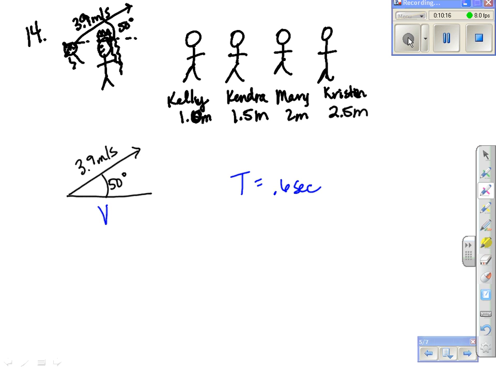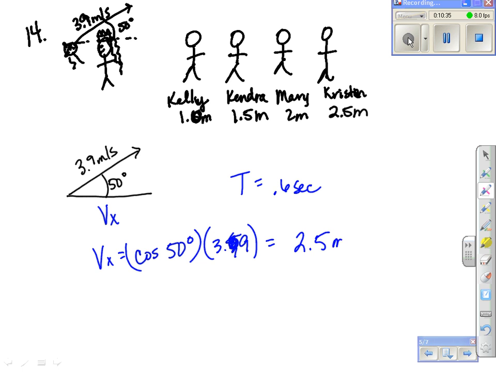So we can find the Vx right here by doing Vx is the cosine of 50 degrees times 3.9, and we should find out that speed is 2.5 meters per second. If we know that, we can now find the distance, because we want to find what distance this went to see who catches this.